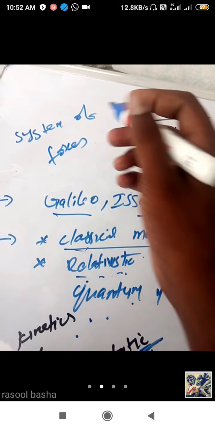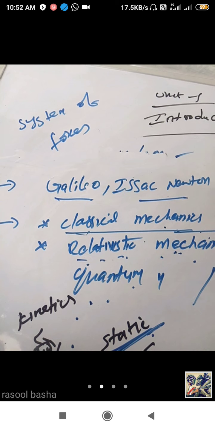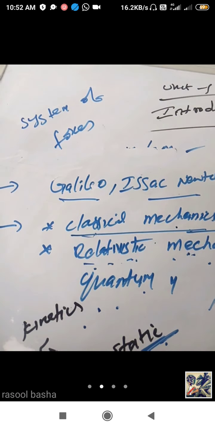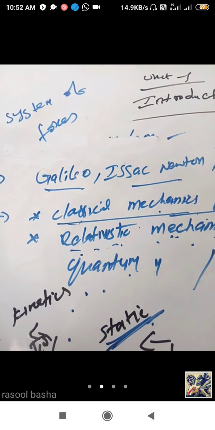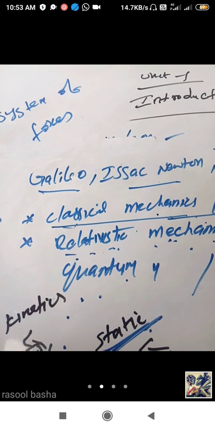Next, coming to the system of forces. When several forces act simultaneously on a body, they constitute a system of forces. So the number of forces acting on a body, the group can be called a system of forces.